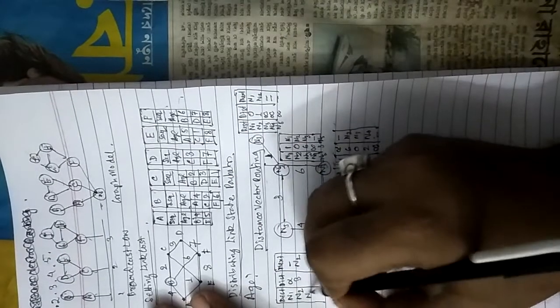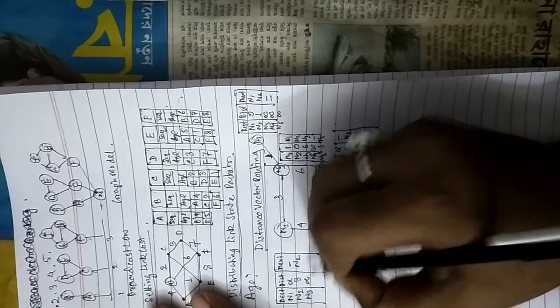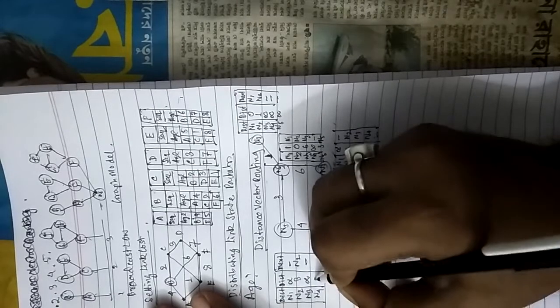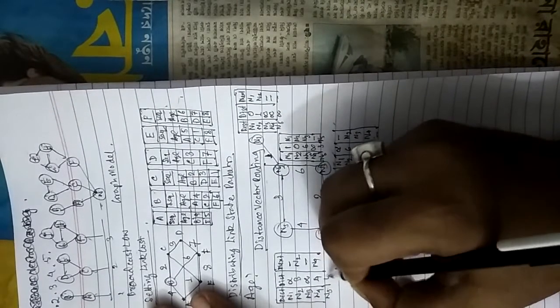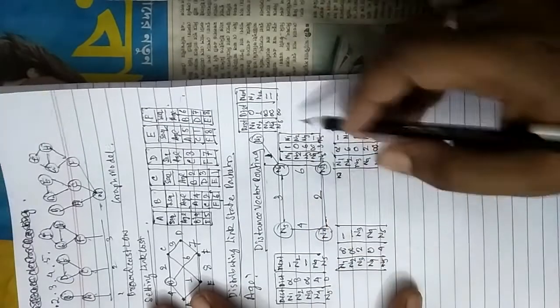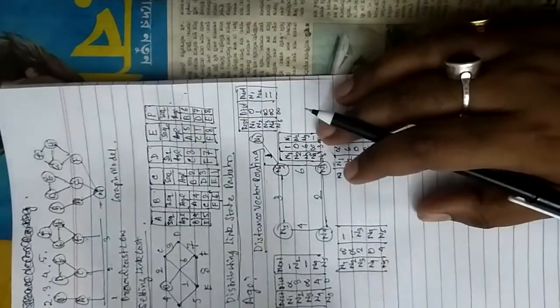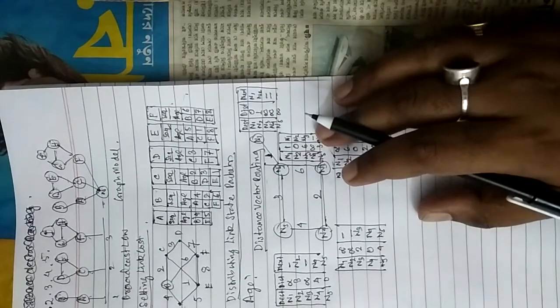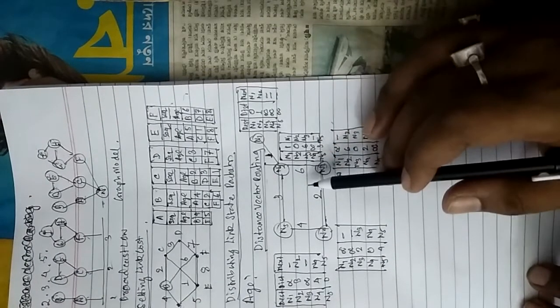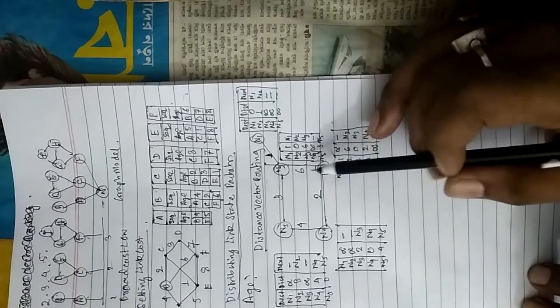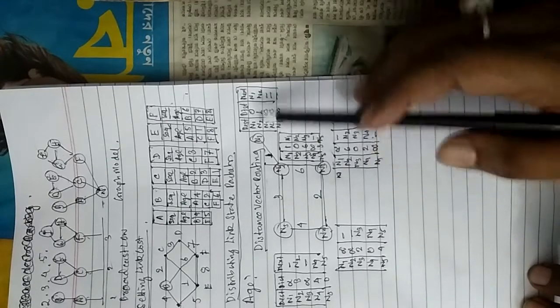Next, n3 is infinity, n4 is 4 with next hop n4, and n5 is 0 with next hop n5. So in the first iteration, all the routing tables will be filled in this way. These are all the local routing tables. After the local routing tables are complete, they share this information with their corresponding neighbors only.